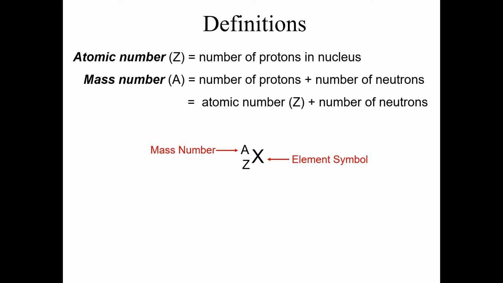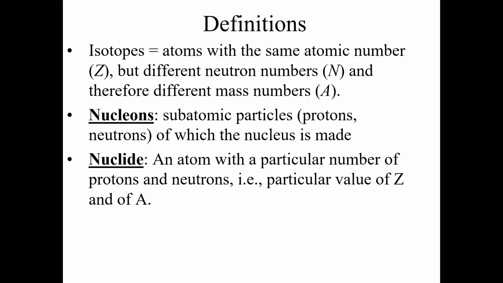A, the mass number, is placed on the upper left, and then Z, the atomic number, is placed on the bottom left. And some definitions: isotopes are atoms with the same atomic number, the same value of Z, but a different neutron number, and therefore a different mass number, A.